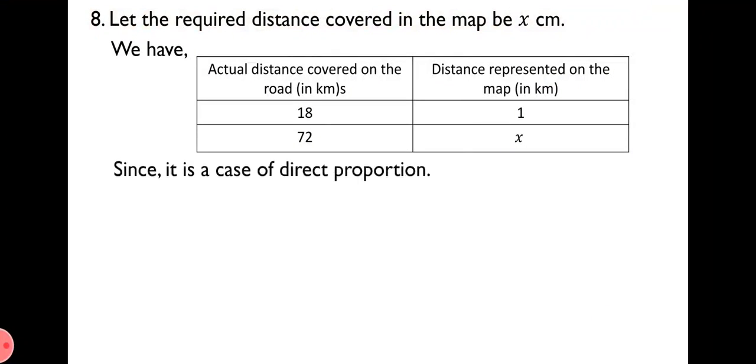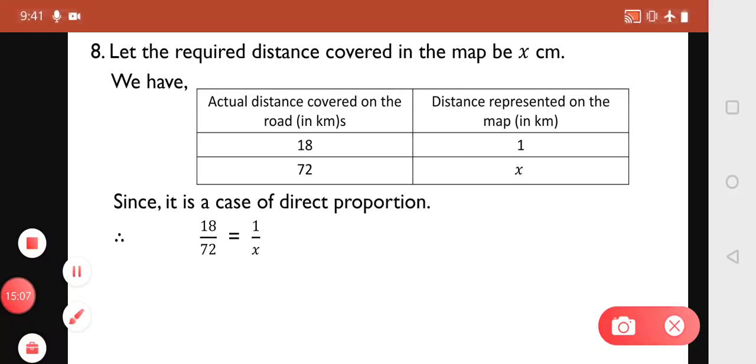As it is a case of direct proportion, because as the number of kilometers increases, the distance represented in the map also increases. Therefore 18 upon 72 equals 1 upon x.